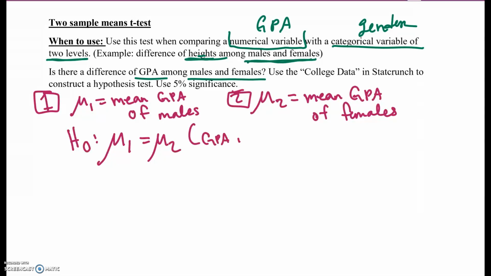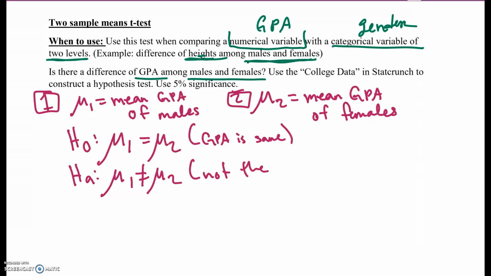HA is going to be that the mean GPA between these two is not the same. So there is some difference. We want to do this at alpha equals 0.05.